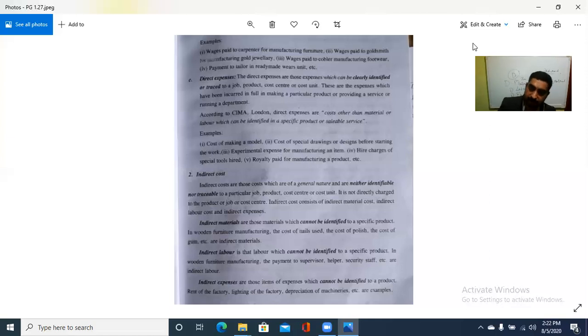So take a wooden furniture manufacturing factory. In the factory, the main indirect labor is the supervisor, right? They get the salary indirectly, not in the direct way. They are not related to the production process. Whatever is noted in the production process is direct, whatever is not is indirect. So indirect labor is that labor which cannot be identified to a specific product. In wooden furniture manufacturing, the payment to the supervisor, the helper, security staff, etc. are indirect labor. So that is indirect labor.